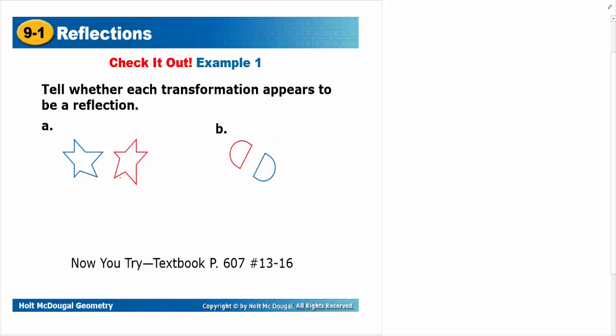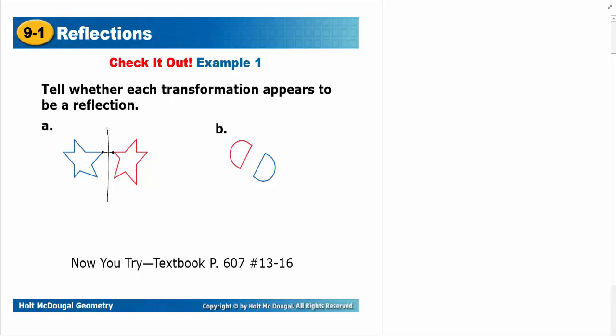Okay, so on this one, if you drew that line right down the middle, these parts should be matching. Now you got to be careful here. It looks like I got the really pointy end on this blue one right here. So if I reflected it over this line, it looks like we're good because those lengths are the same, but that's not the same point.